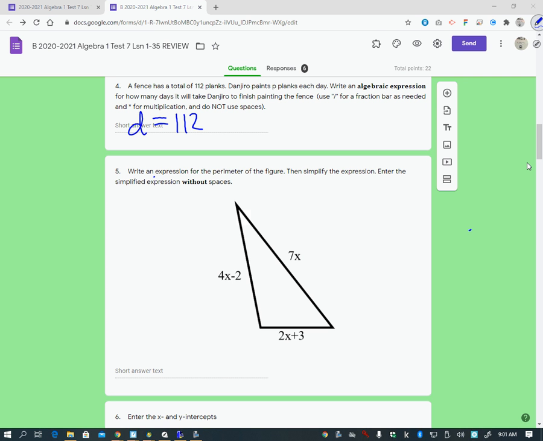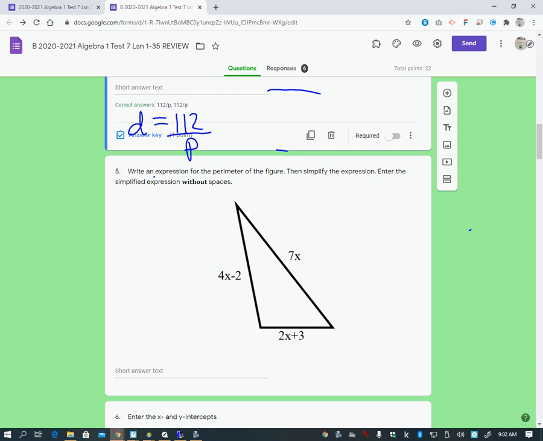112. The total is 112, right? We want to divide that by planks per day, right? And that's what this is, P planks each day. Okay. 112 divided by P. You probably had the D equals, right?